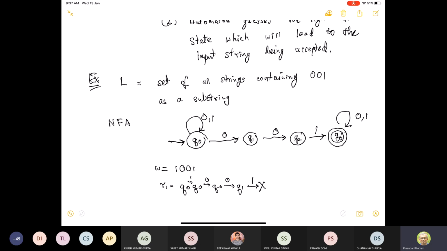So this computation just dies out, right? Even before reading the entire string.